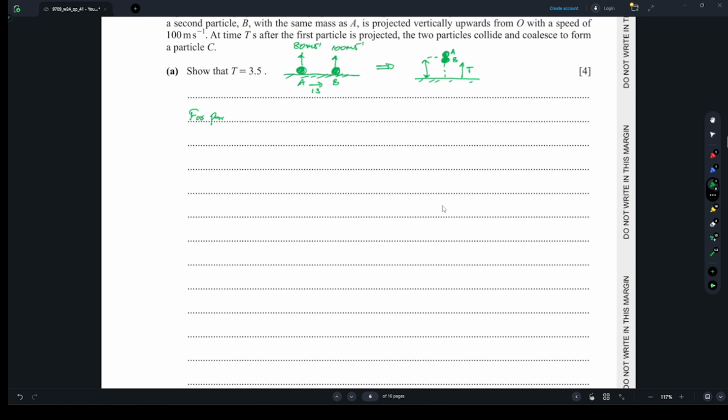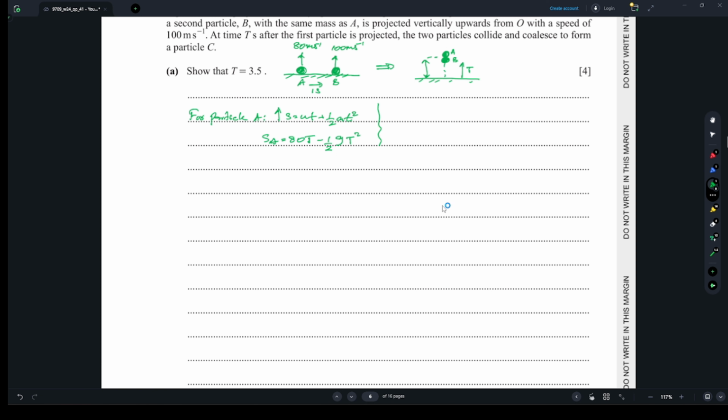For particle A, I'm going to apply S equals ut plus half at square, because I know the initial speed, and we also know the acceleration, and we know the time, it is t, and the distance we don't know. So for the moment, let's say SA, and the speed is 80, and this is moving upwards, so it is minus g.